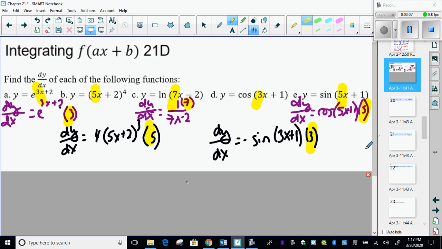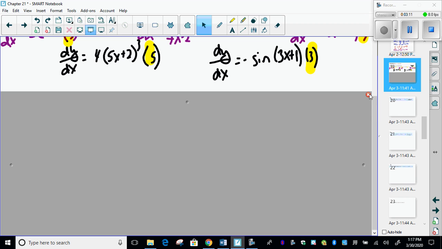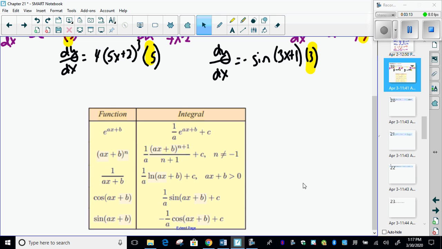So when I am integrating a function, when it's e to a function, the integral is going to be e to that function times 1 over the derivative of the function. Okay? So that's always that constant term that goes in there.